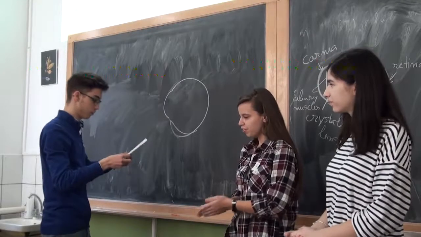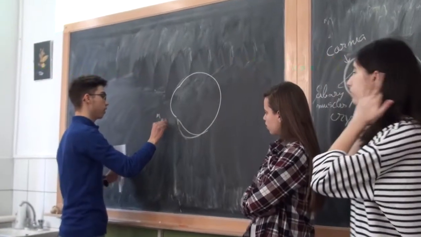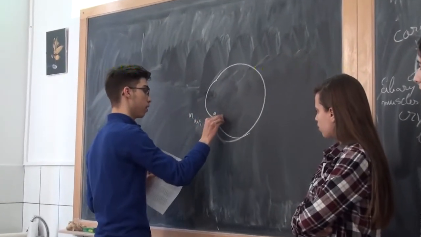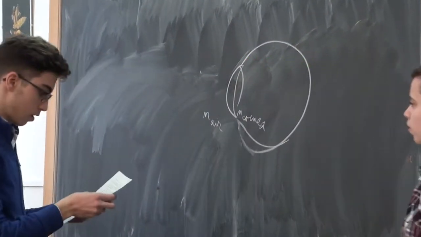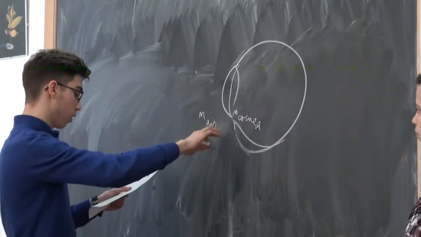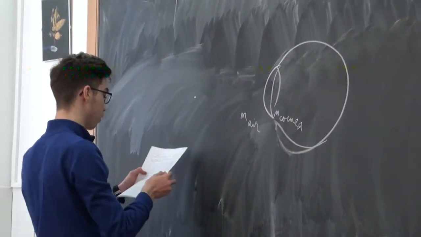The index of refraction of the cornea is significantly greater than that of the air. And the bulging shape of the cornea causes it to refract light in a manner similar to a double convex lens.